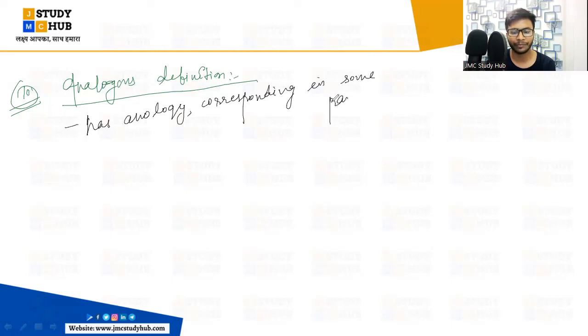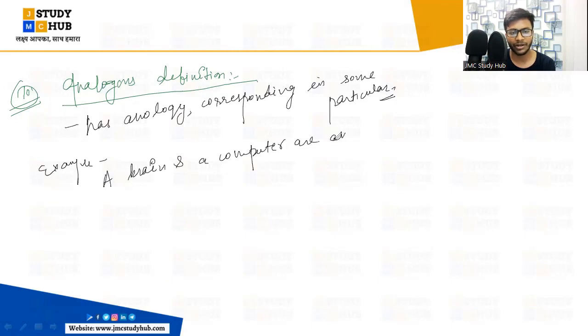Like for example, a brain and a computer are analogous, right?